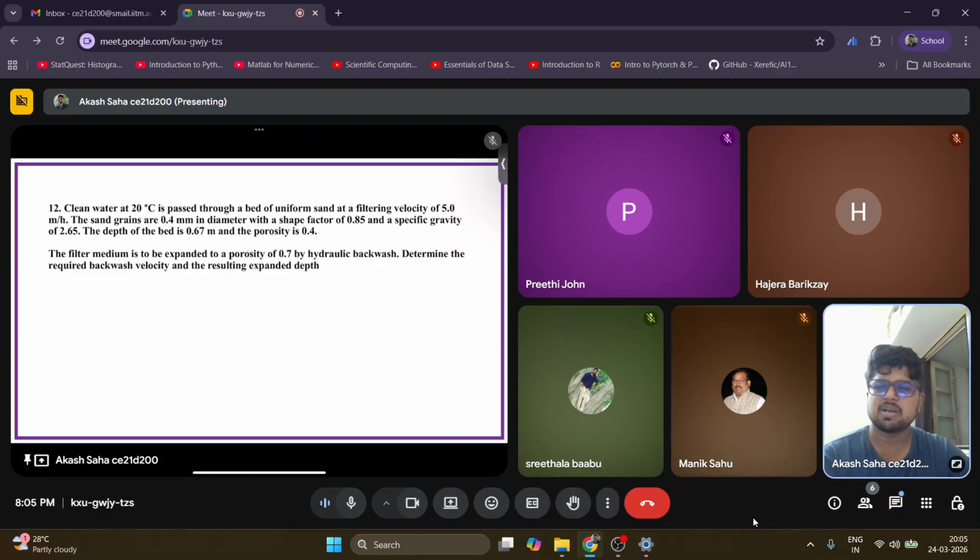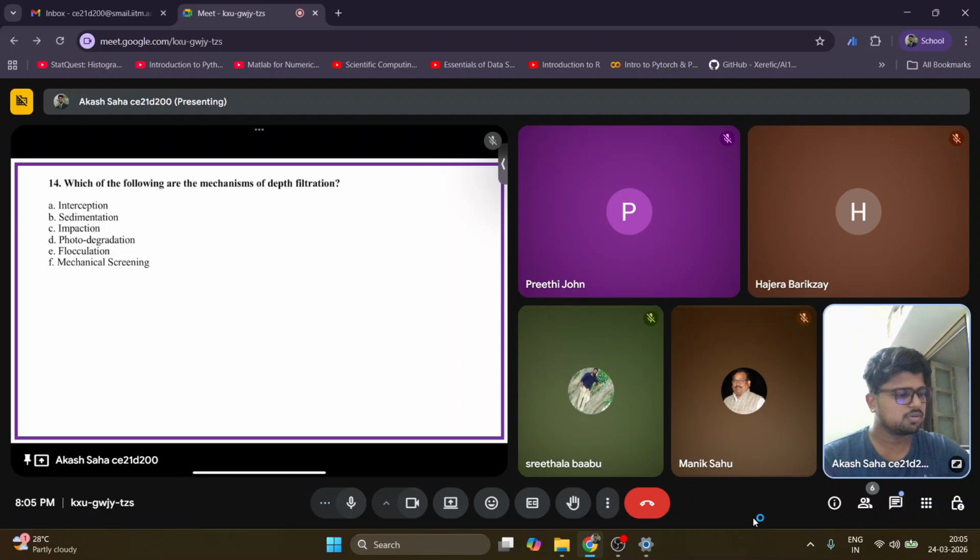We have seen a similar problem, so let us skip it for now because we have already seen exactly such a problem. The expanded depth porosity is directly given. You have to find out the backwash velocity. You can use the Richardson-Zaki equation and also find the expanded depth. Okay, so both things you can calculate. So I'm skipping it for now.